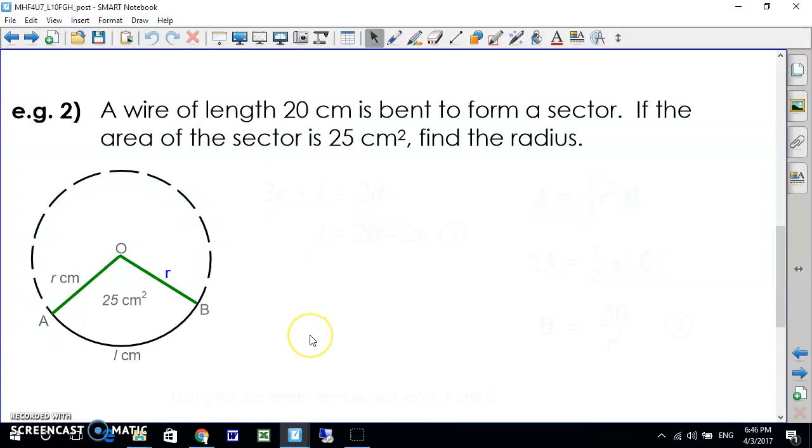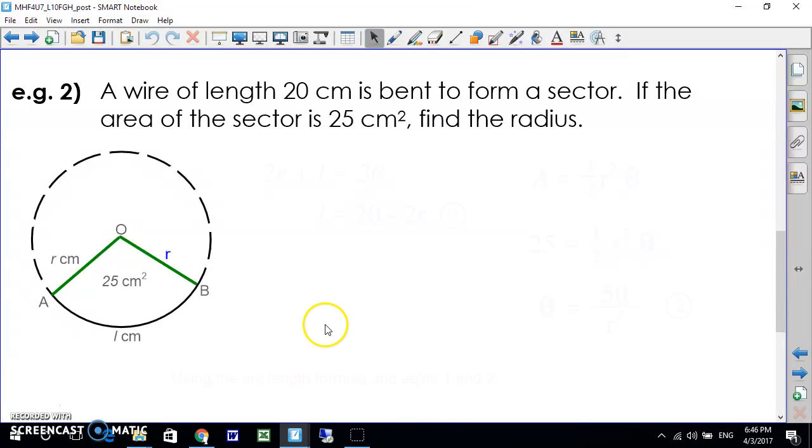So in this question, you're told that a wire of length 20 centimeters is bent to form a sector. If the area of the sector is 25 square centimeters, find the radius. So here's a schematic drawing. Please note that the dotted line is not part of the wire used.